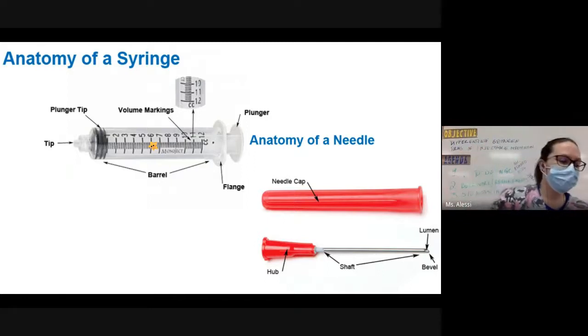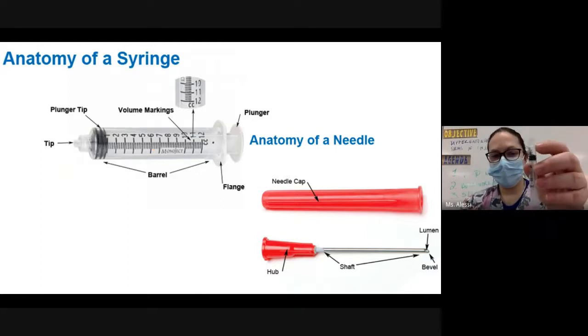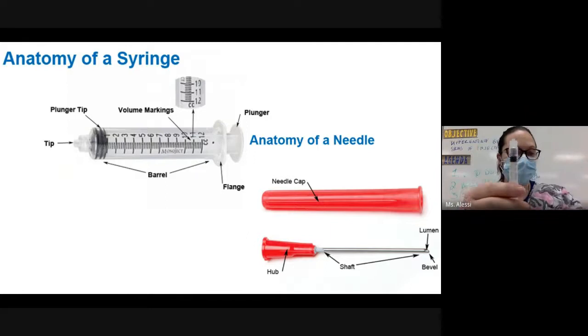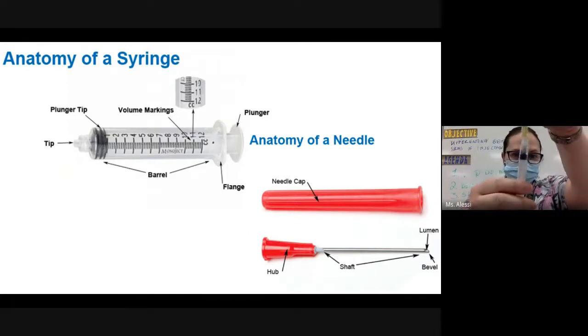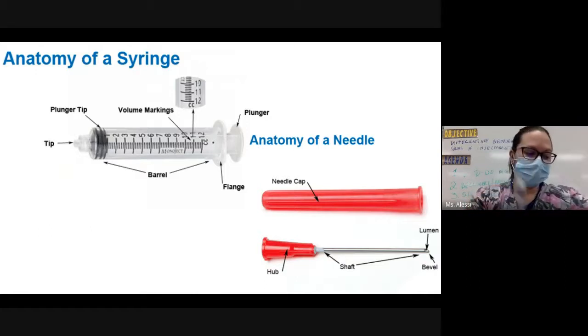Okay, so the important parts with your syringe is the tip. So we have, this is what's called a luer lock tip. You can see that it has this little curvy twist like a screw. So the needle goes in, twists, and locks. Then I untwist it and it unlocks.